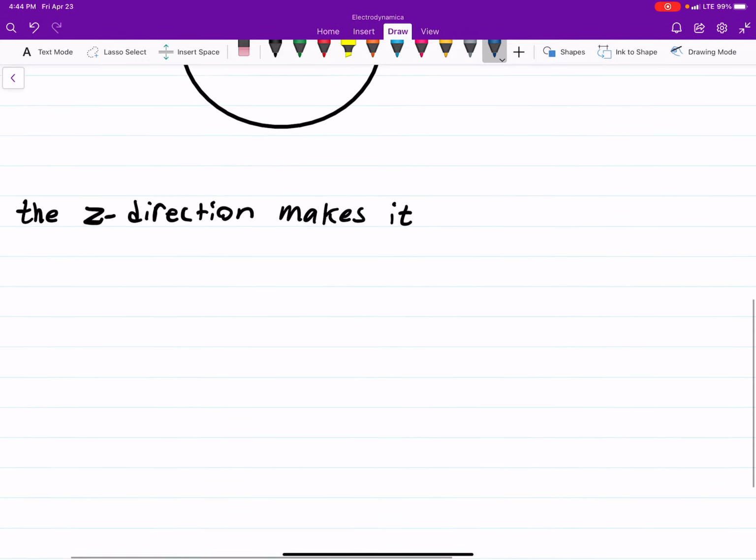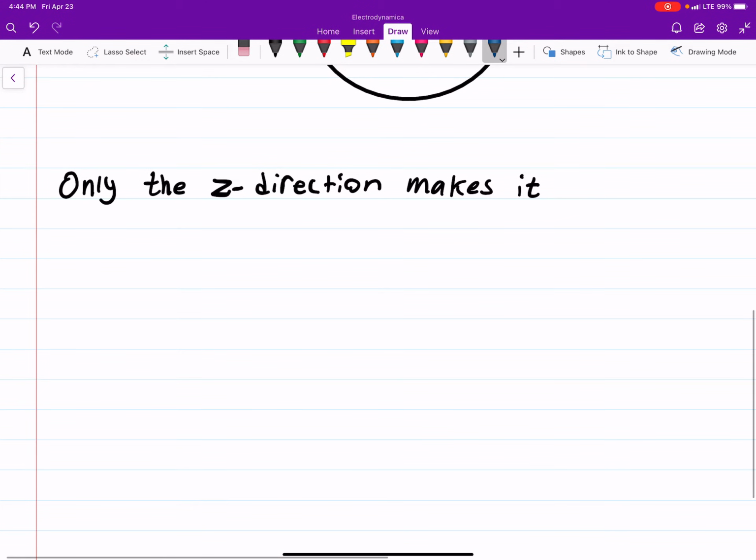Cool. So for our E field, we're going to need to find some information. To start, we'll need our dq, just like before. dq is going to be lambda times ds, because lambda has units of charge per length, and ds is a bit of length.